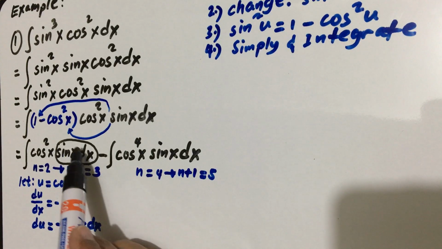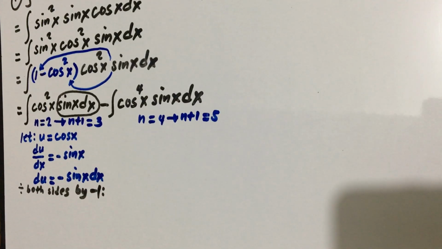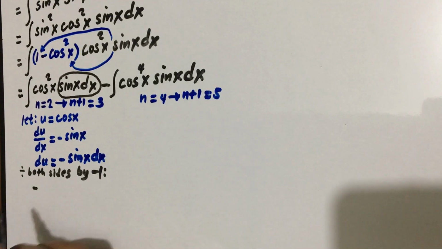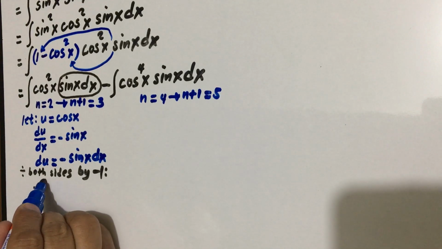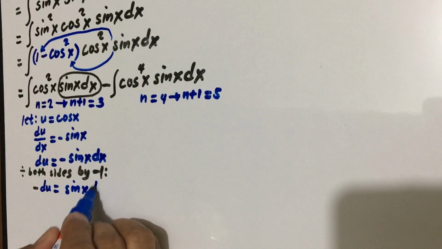So to get the positive of it, we have to divide both sides by negative 1. So this becomes negative du equal to positive sine x dx.